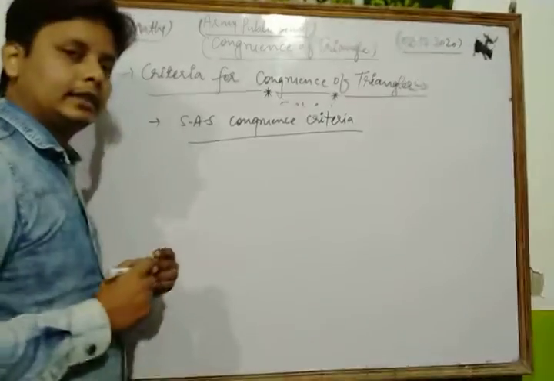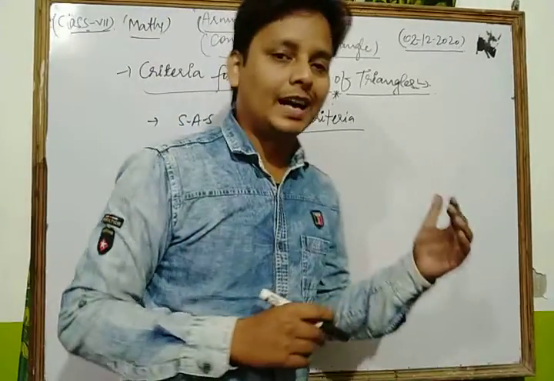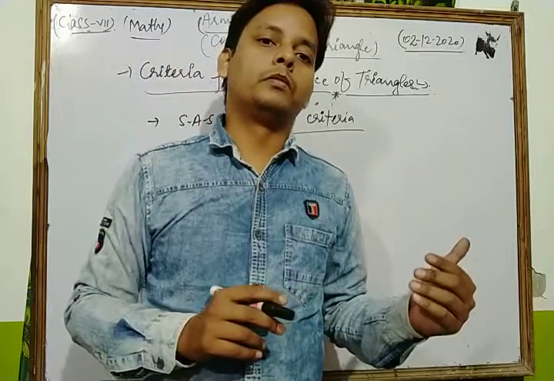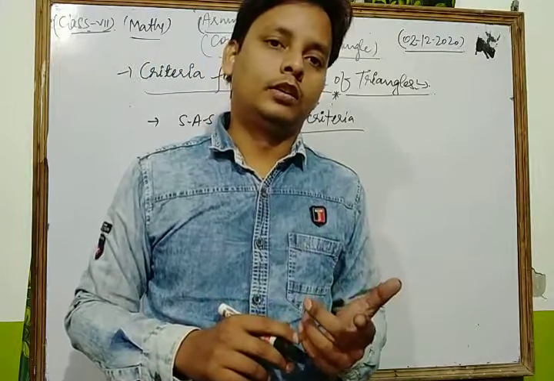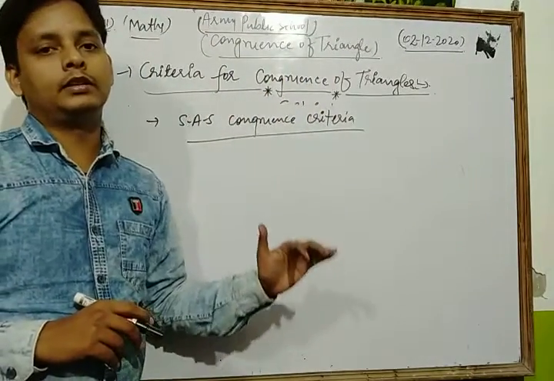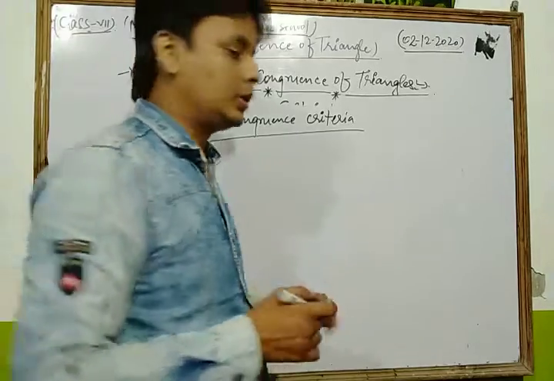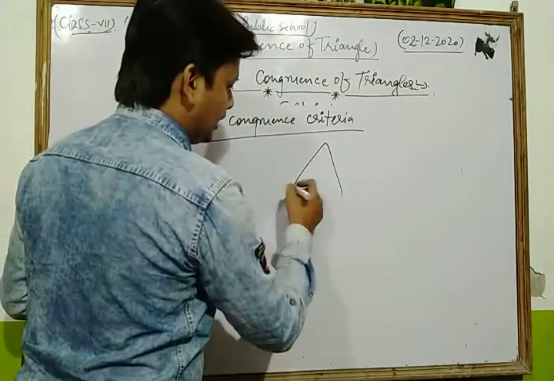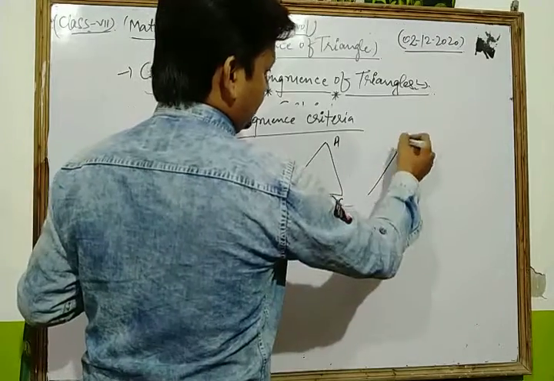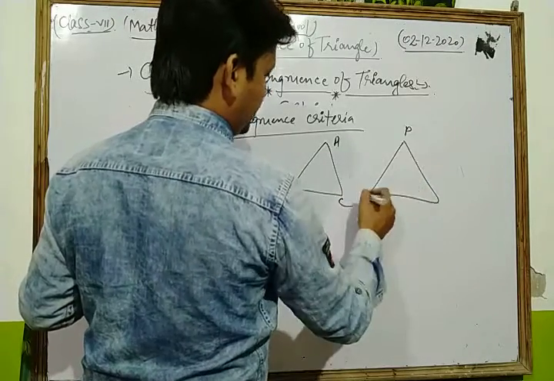According to this criterion, if two corresponding sides and the angle included between them are equal, then according to the side angle side congruence criterion, both the triangles are congruent to each other. Suppose this is triangle ABC and this is triangle PQR.